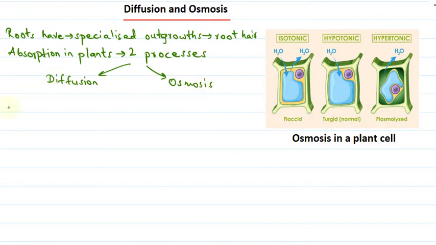Now first we will understand what is diffusion. Diffusion is a process in which movement occurs.